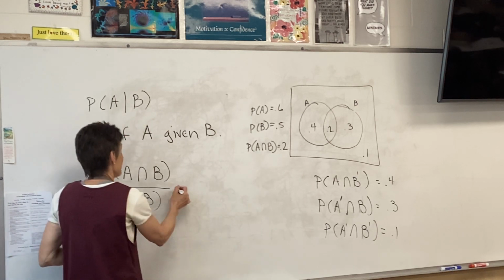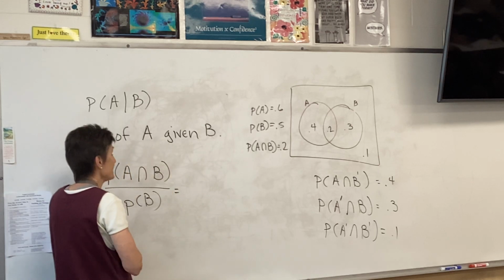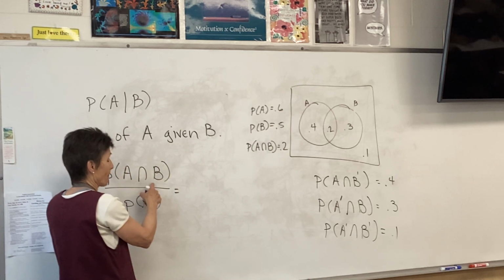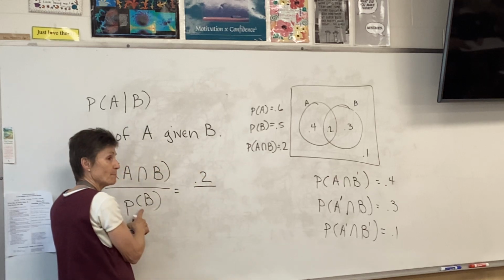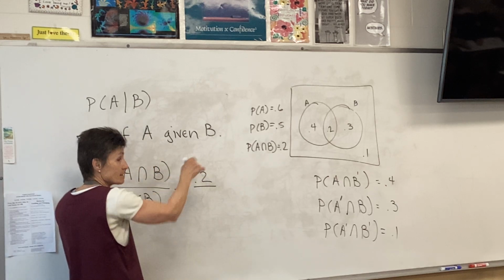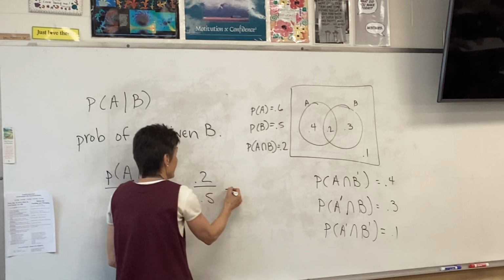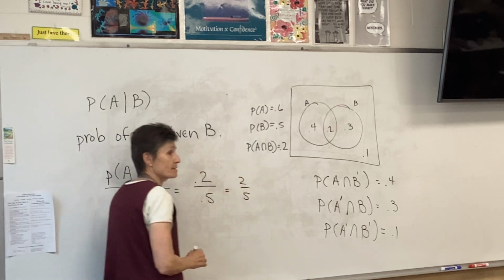So you can answer this question easily. What's both? 0.2. What's just B? B is 0.5. So your probability is 2/5.